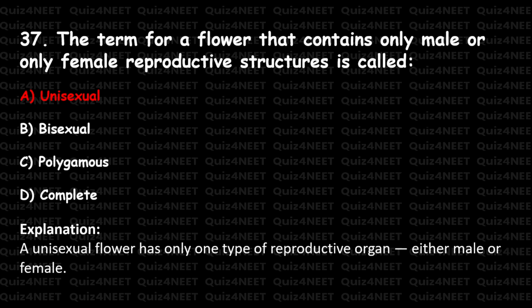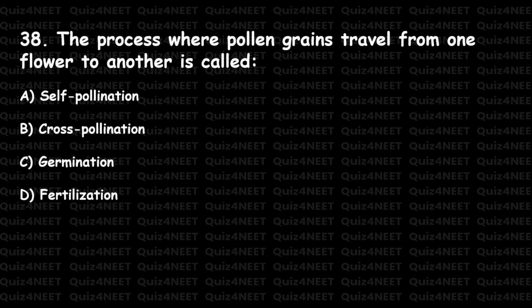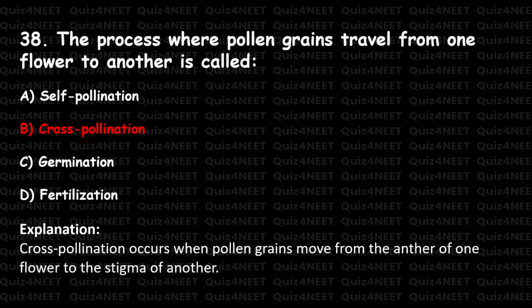The process where pollen grains travel from one flower to another is called A. Self-pollination, B. Cross-pollination, C. Germination, D. Fertilization. B. Cross-pollination. Explanation: cross-pollination occurs when pollen grains move from the anther of one flower to the stigma of another. 39.